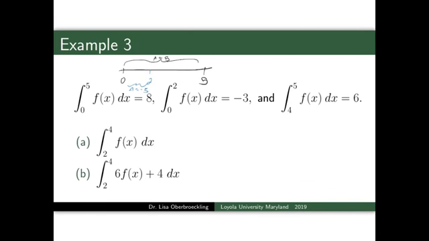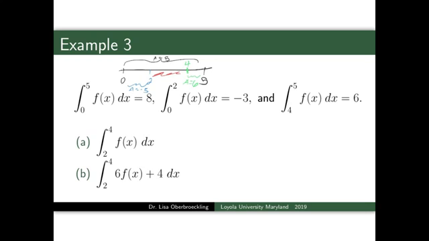And we're given the integral from 4 to 5, the area is 6. This is hard to see, but what we are concerned with is the area from 2 to 4.